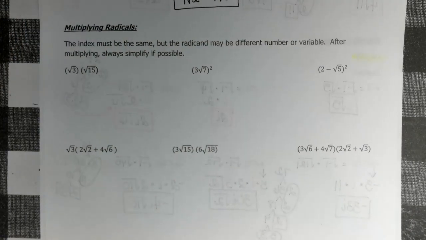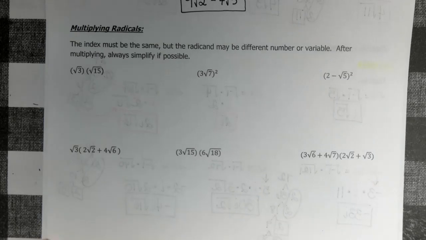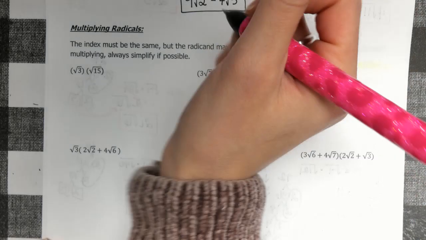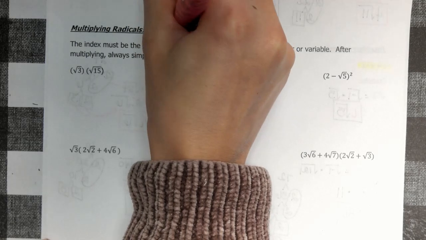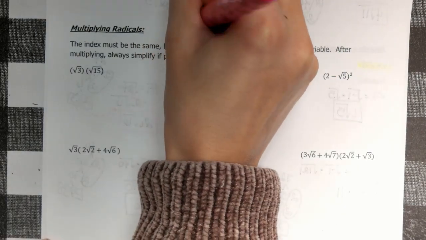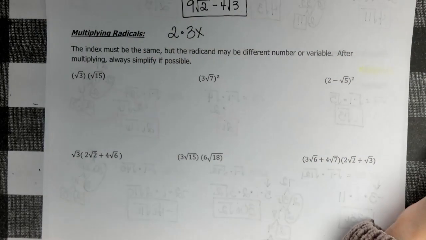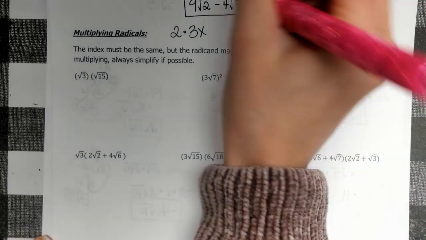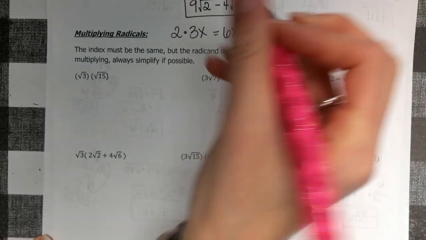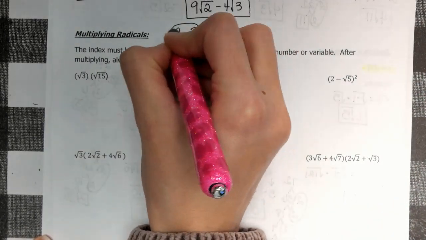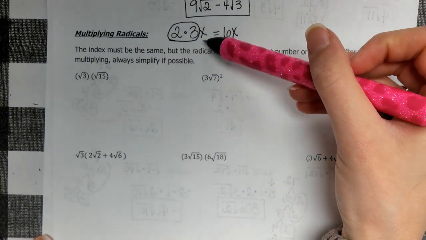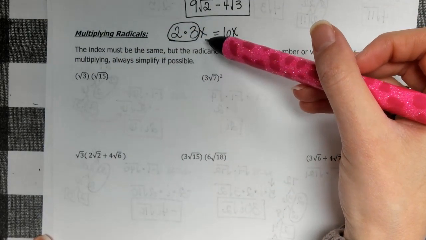Your index has to be the same, but the radicand does not. Okay, so think about if you multiply 2 times 3x. What does that become? 6x. Notice that you only multiplied the numbers by each other and you didn't do anything with the x. Okay?